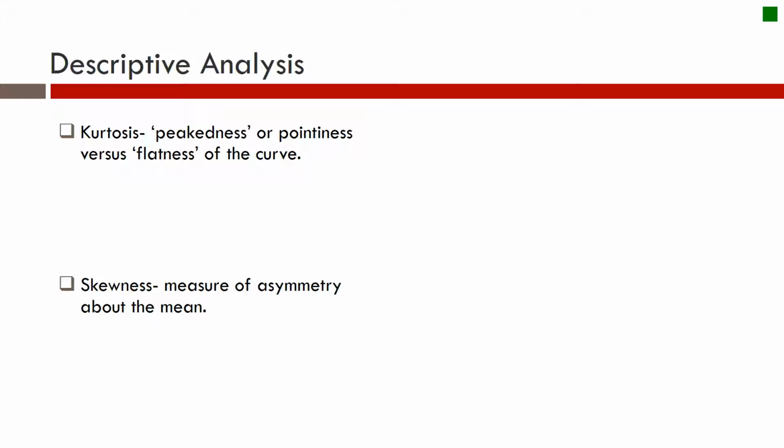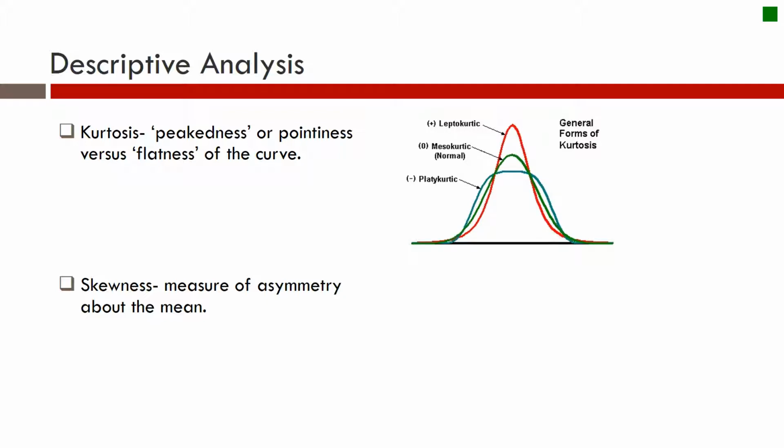Another feature or moment, if you will, aside from means and dispersion, is kurtosis, which suggests the peakedness or pointiness of the distribution. Something that is extremely flat, like platykurtotic, may be problematic when we're doing regression because it's not normally distributed, and leptokurtotic data, which is really peaked, is a problem as well.